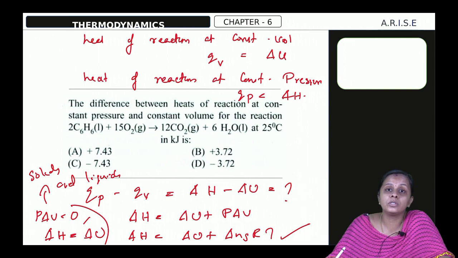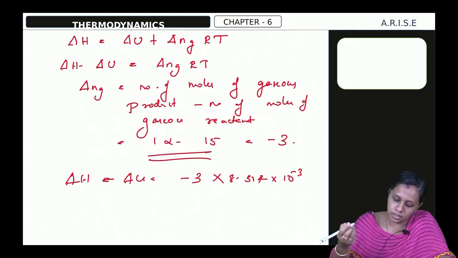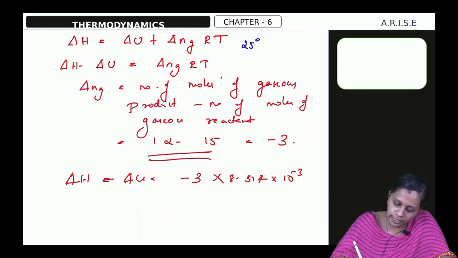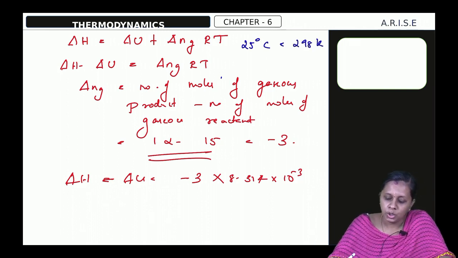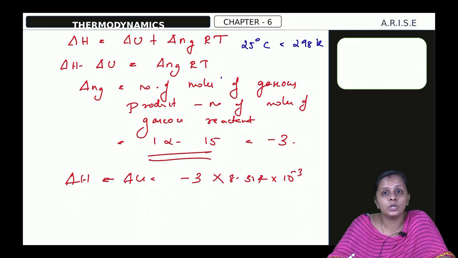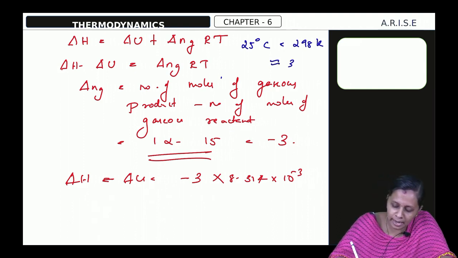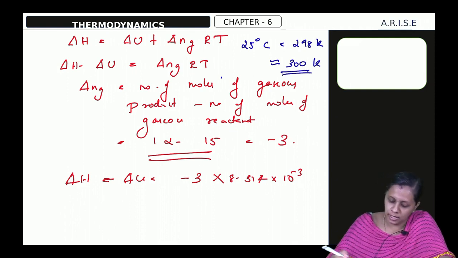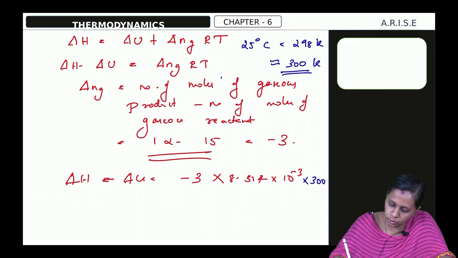Here the temperature is given as 25 degrees Celsius. So 25 degrees Celsius is equal to 298 Kelvin. For easy calculation, I am approximating it as 300 Kelvin.